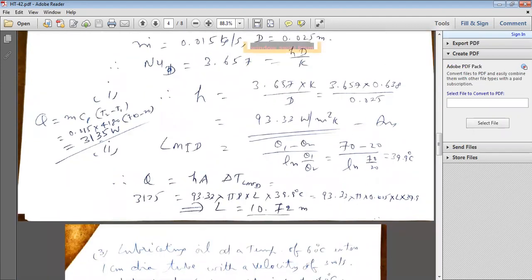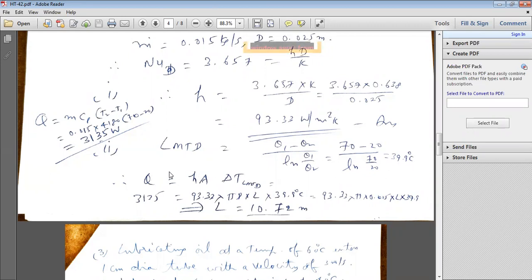So LMTD is equal to 70 minus 20 divided by Ln 70 by 20. If you simplify this, it comes to 39.9 degrees centigrade, or around 40 degrees centigrade.